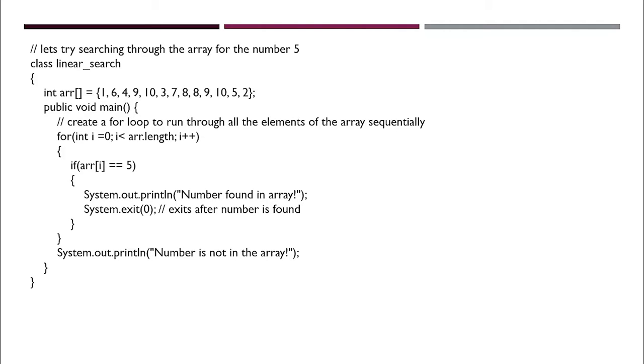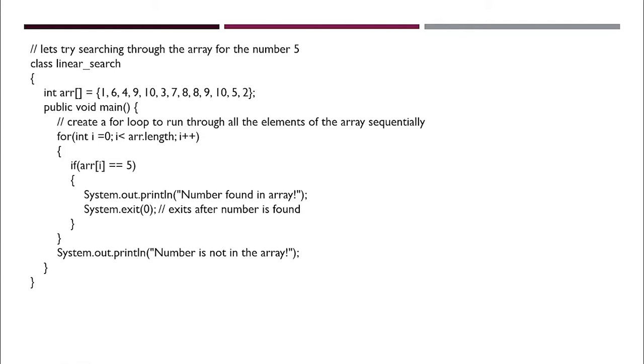Then we open the function void main, and we create a for loop in which i is equal to 0, i is less than arr.length, and note that it has to be less than, because if it's less than or equal to arr.length, then it will lead to an exception because i will go beyond the index range of the array arr, and we increment i every time the loop finishes running.